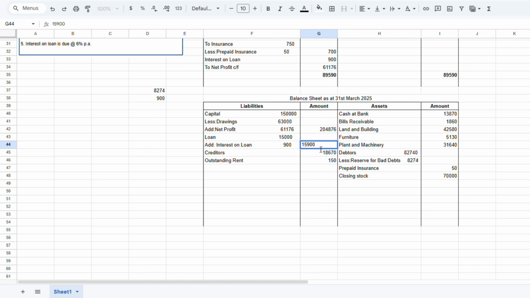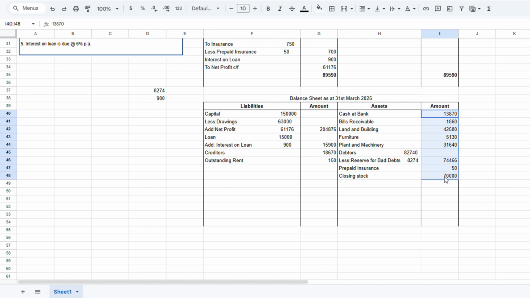Now let's calculate the total, 2,39,596. Here we take it in the outer column, that is debtors, 82,740 less 8,274, that is 74,466.